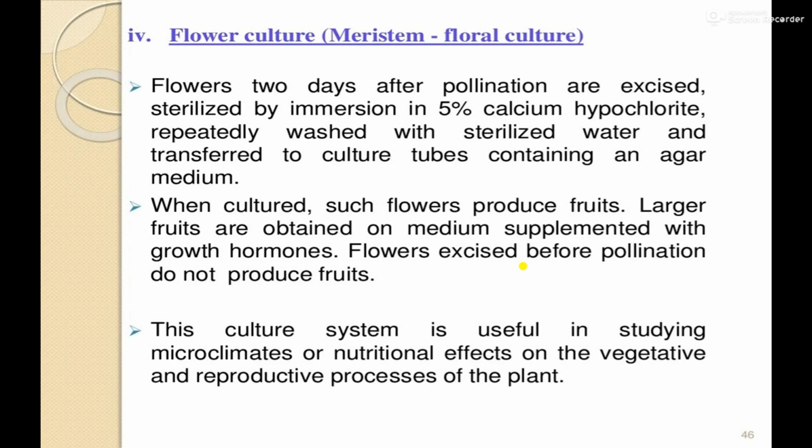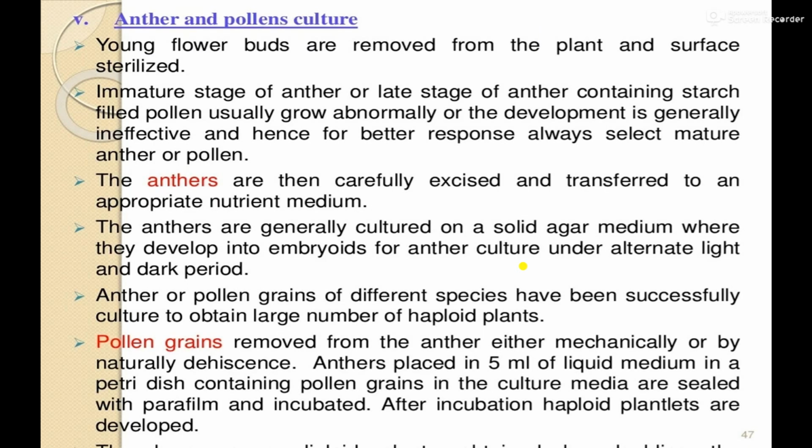Okay, then next, that is anther and pollen culture. So young flower buds are removed from the plant and surface sterilized. Immature stage of anther or late stage of anther containing starch filled pollen usually grow abnormally, or the development is generally ineffective, and hence for better response always select mature anther or pollen. The anthers are then carefully excised and transferred to an appropriate nutrient medium.